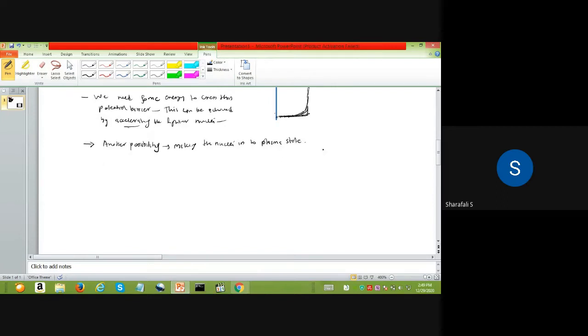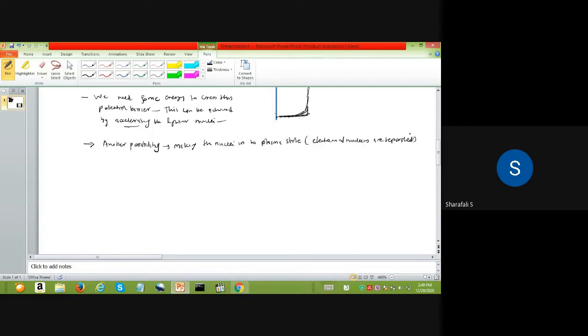So that plasma state is nothing but electrons and the nucleus separated from the atom. Electrons and nucleus are separated. That is the plasma state.